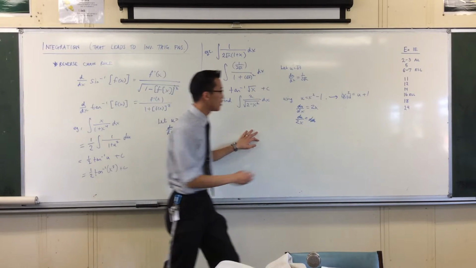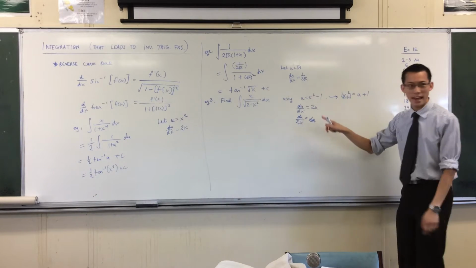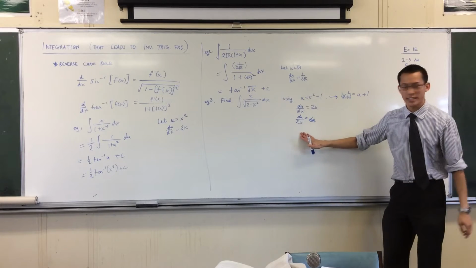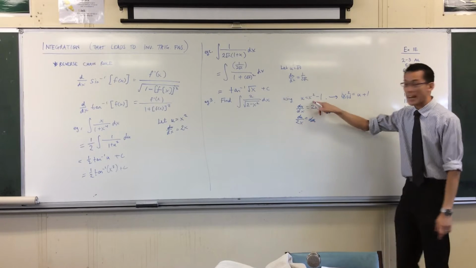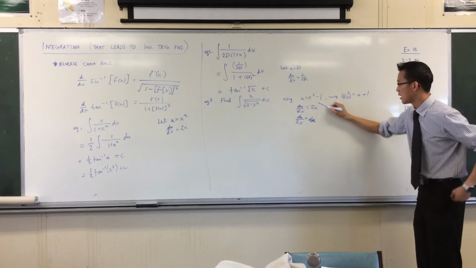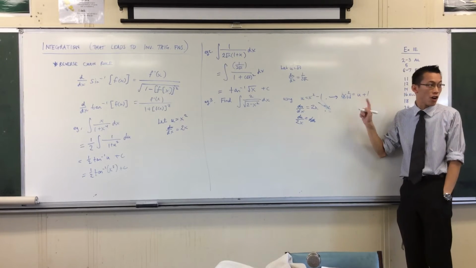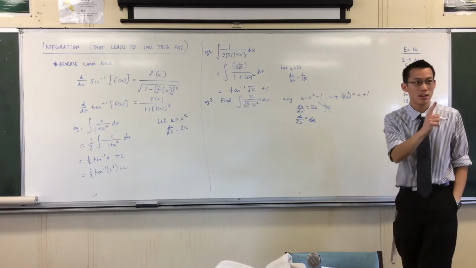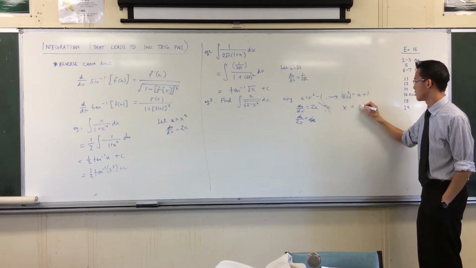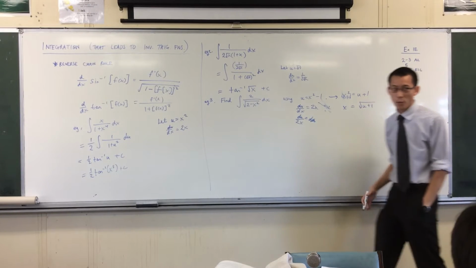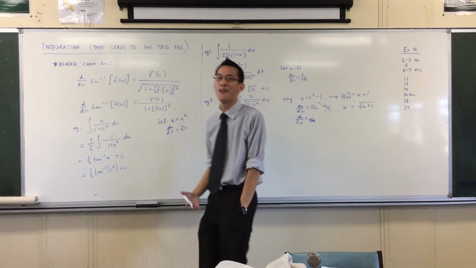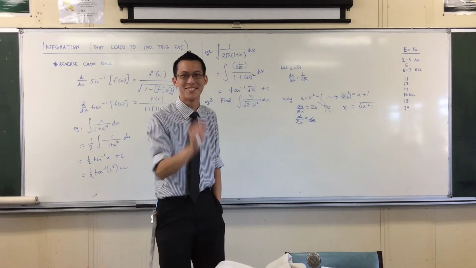Now, others of you have also tried to say, well, okay, fine, I don't want to put an x in at this point, right? I'll get x in terms of u. So you've gone over here and you said, I don't want x squared, I just want x, okay? So you said this. Okay, now we've been in inverse trig long enough that you know you're lying to yourself just a little bit, right?